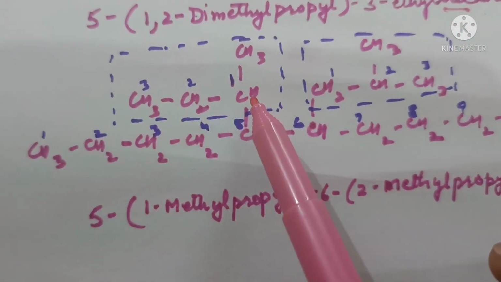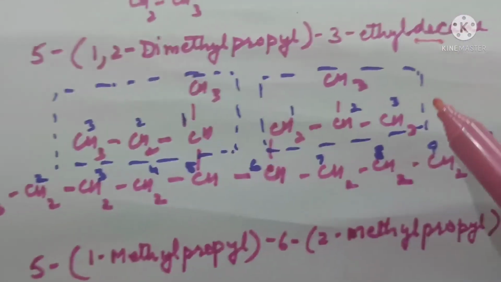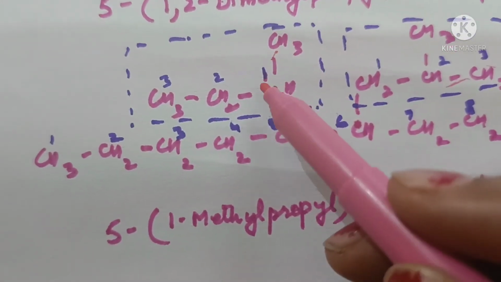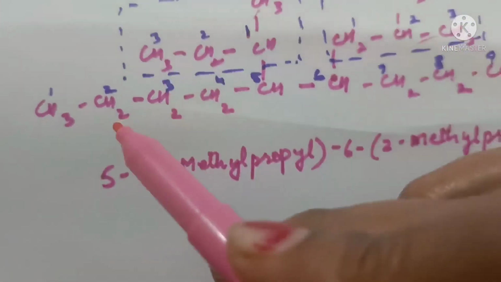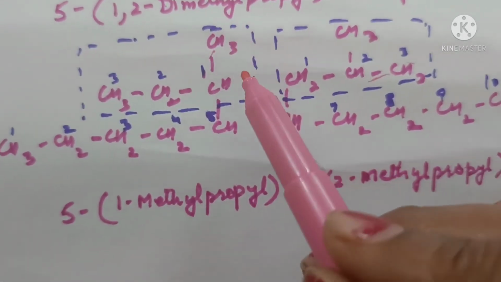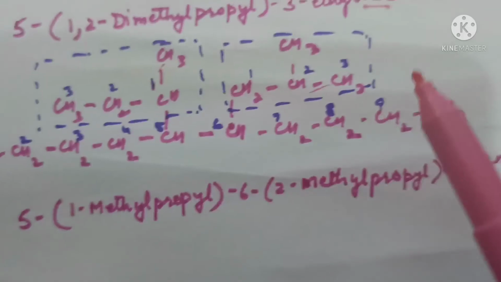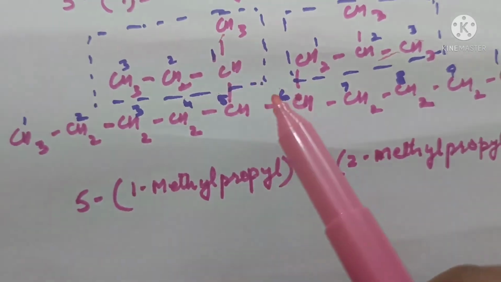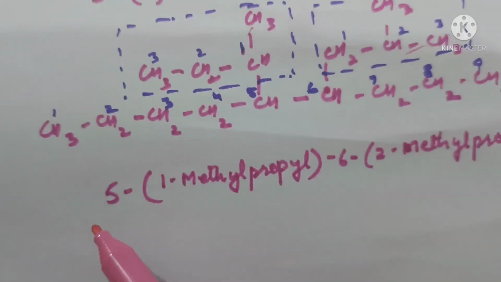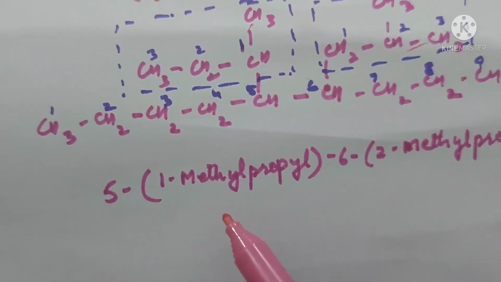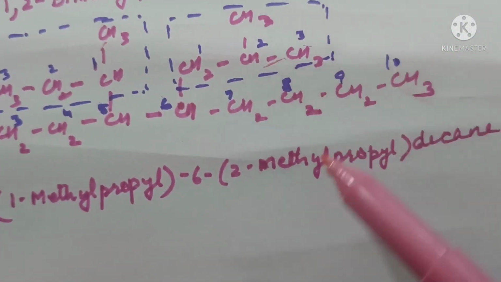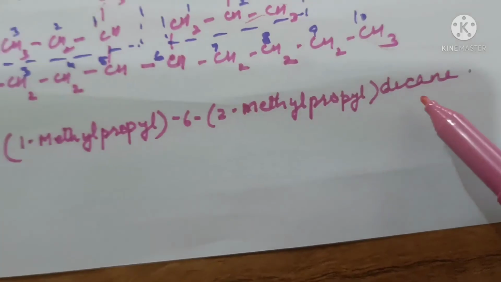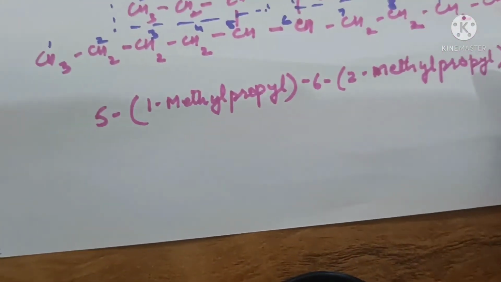For example, this is also methyl propyl, this is also methyl propyl, but in this case the methyl group is attached to the first carbon atom which is attached to the parent chain. 1-methyl propyl will be named earlier than 2-methyl propyl. So the position of this complex substituent is 5. So 5, 1-methyl propyl in brackets, then 6, then 2-methyl propyl in brackets, then 10 carbon atoms dec and single bonds means -ane. This is the name of the compound.